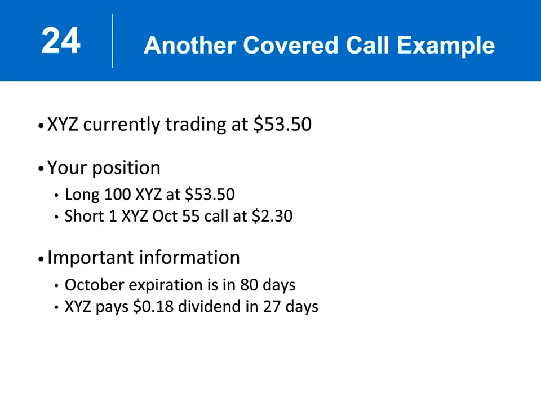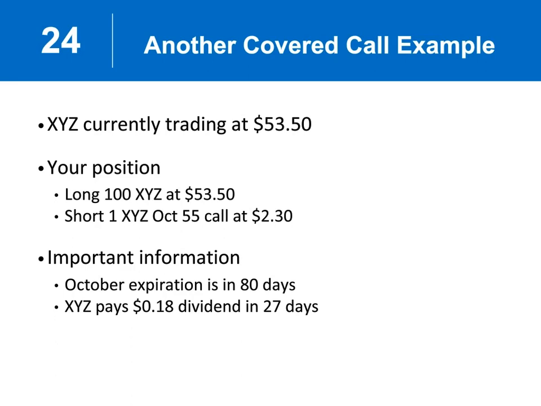The value of that call for the next 80 days is $2.30. So the only way that an option buyer should exercise that call to get the dividend is if the dividend is greater than the premium in the options. Well, there's no way, with 53 days, 80 minus the 27, that the premium in that option is going to be below 17 cents.